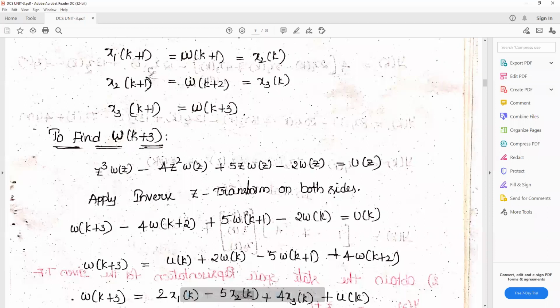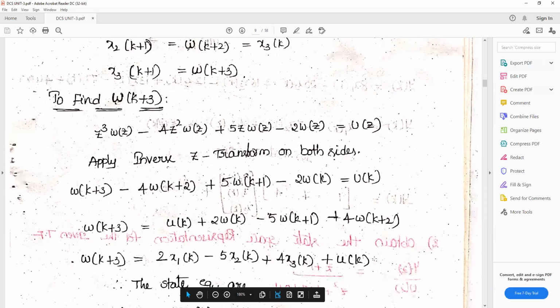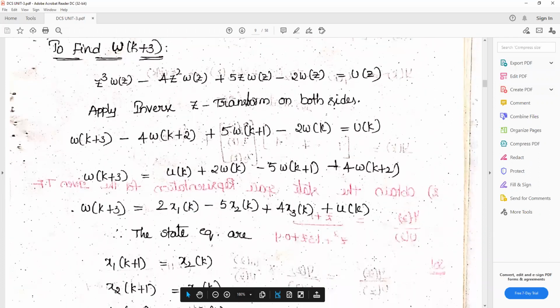w of k is x1, k plus 1 is x2, k plus 2 is x3. So x3 of k plus 1 is 2 into x1 of k minus 5 into x2 of k plus 4 into x3 of k plus u of k.